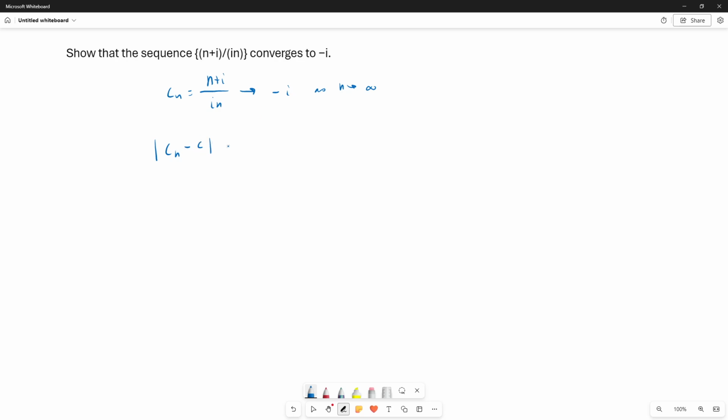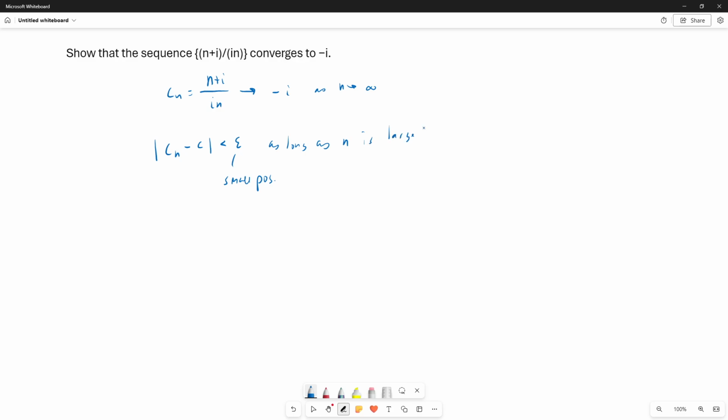We need this difference to be as small as we desire, so this is a small positive number, as long as the index is sufficiently large.